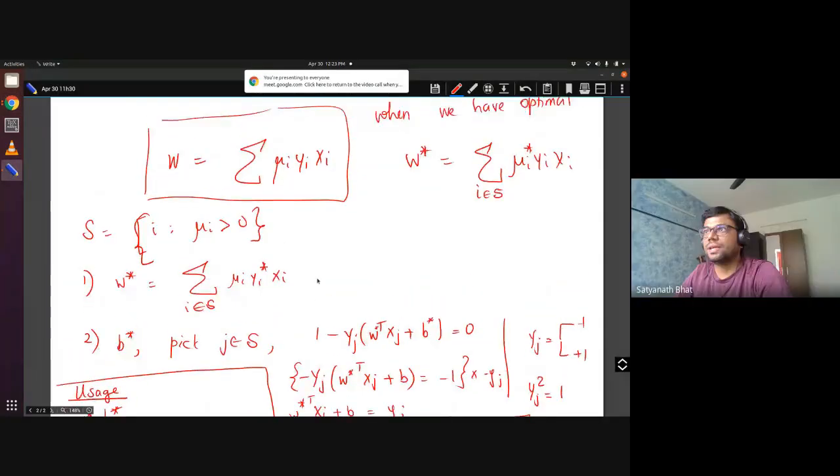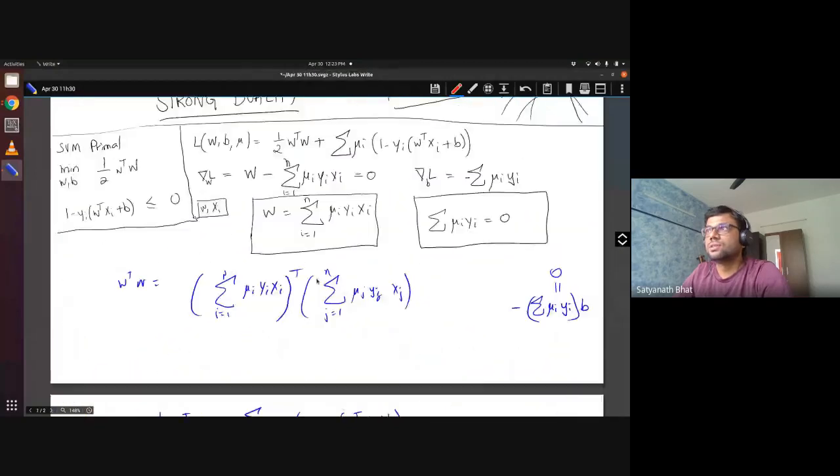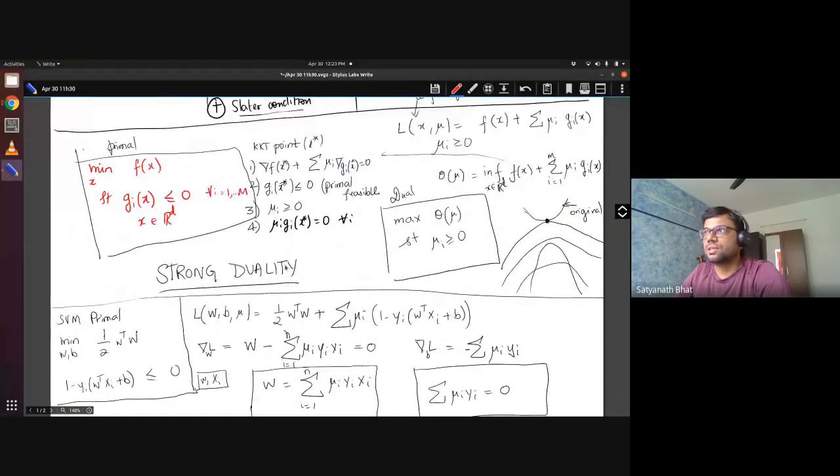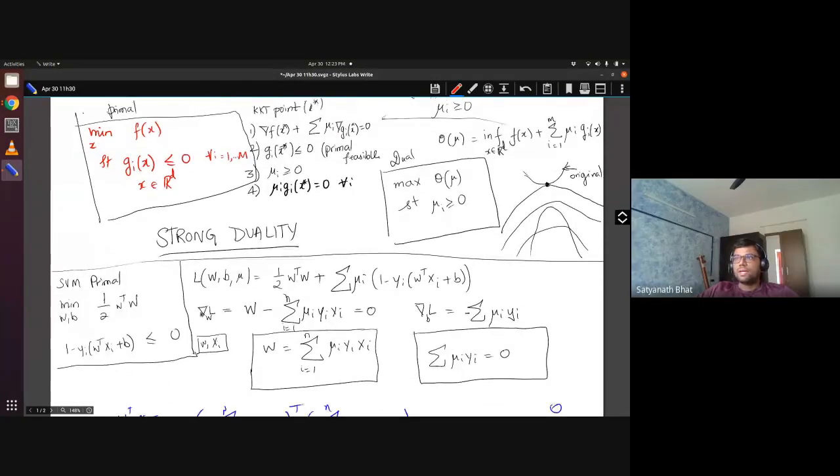Yeah, so let us start from the beginning. Basically this is the primal SVM. Siddharth, we write the Lagrangian like this. This is okay? Yes, sir. And then we take the variables. The primal variables are W and B, not X. So that's why we need to take the derivative with respect to W and B and set it to 0.